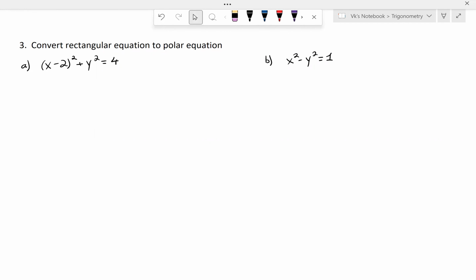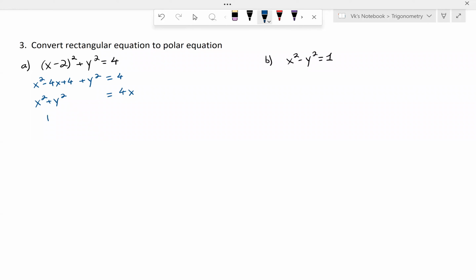So x minus 2 squared is x squared minus 4x plus 4 plus y squared equals 4. Here we have x squared plus y squared equal. Gonna add the 4x minus 4 to the side. So we have 4x.